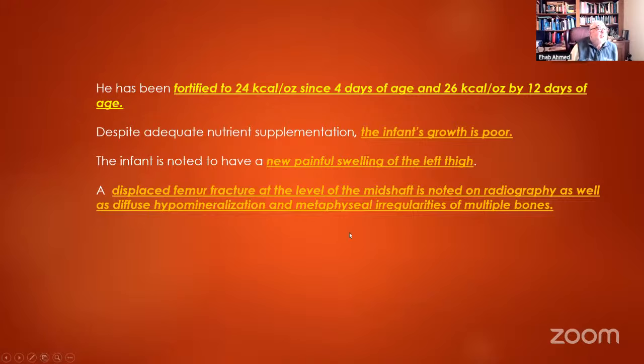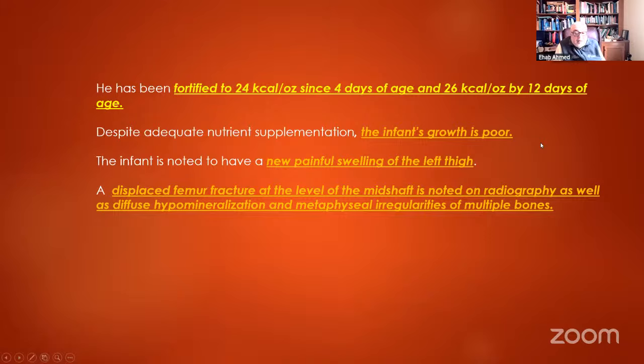Also, the bone shows hypomineralization, with irregularities of multiple bones, meaning he had many previous fractures that started to heal irregularly. So, at this point, what is the broad spectrum we are talking about?